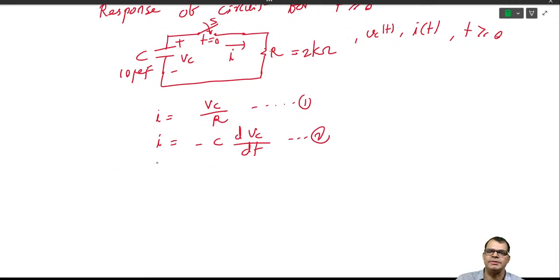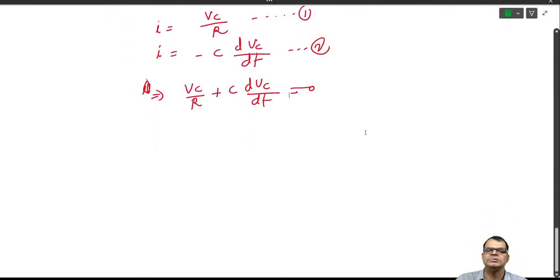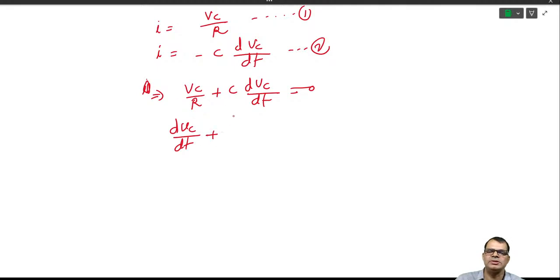Combine both the equations, use one equation in the other. In place of I, I'll write Vc upon R plus C dVc upon dt equal to 0, so dVc upon dt plus, taking C common, 1 upon RC Vc equal to 0.